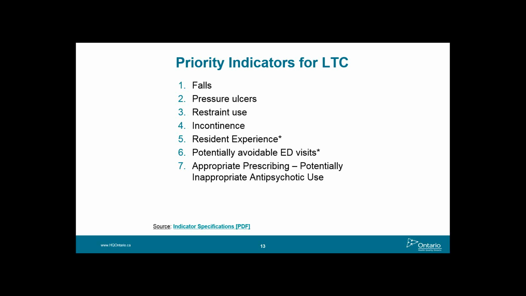So this indicator is consistent with HQO's long-term care public reporting website. However, HQO publicly reports on adjusted rates, and for the purposes of quality improvement planning, we use unadjusted, or not risk-adjusted, data. And the reason we suggest using the not risk-adjusted indicators is because we know that within quality improvement planning, we do want to be able to see the gains that we're making with our quality improvement efforts.